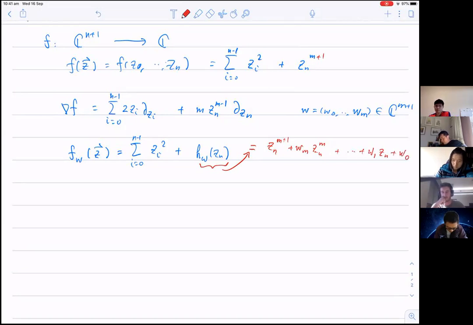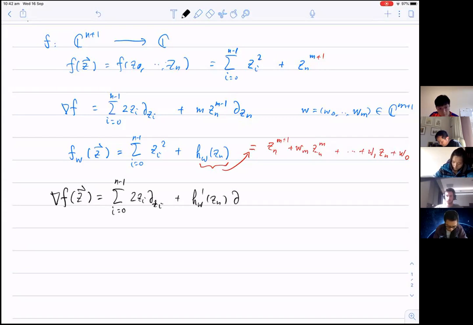So we have, okay. And then you will calculate the gradient. The gradient of the points, the first n, and then the last one will be just the derivative in Zn. So now you can check the critical points.